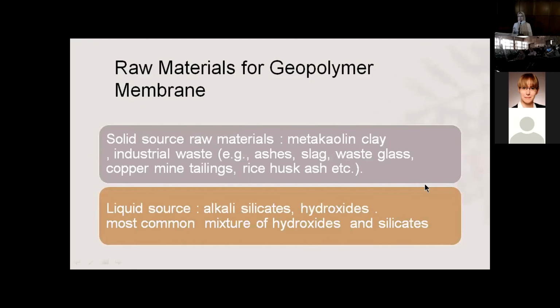As I mentioned, we have solid source raw materials and liquid source raw materials. That's why we have a heterogeneous reaction. The solid source includes clays like metakaolin and industrial waste, for example ashes, slag, waste blast furnace material, copper mine tailings, rice husk, etc. Of course, metakaolin is more expensive than industrial waste, but it's preferred because it allows easy interpretation of results, since it doesn't contain impurities like industrial waste, so it's preferable for membrane preparation.